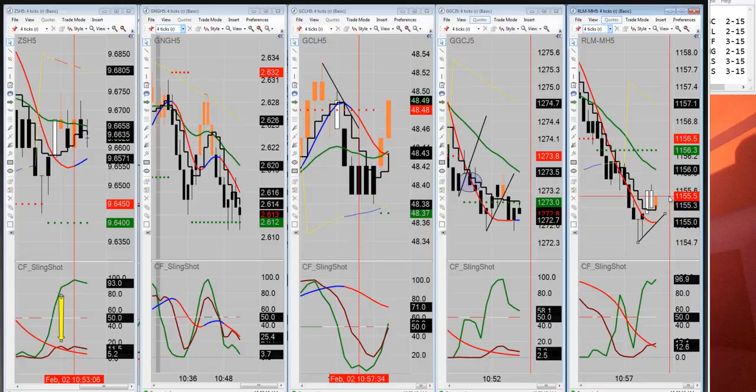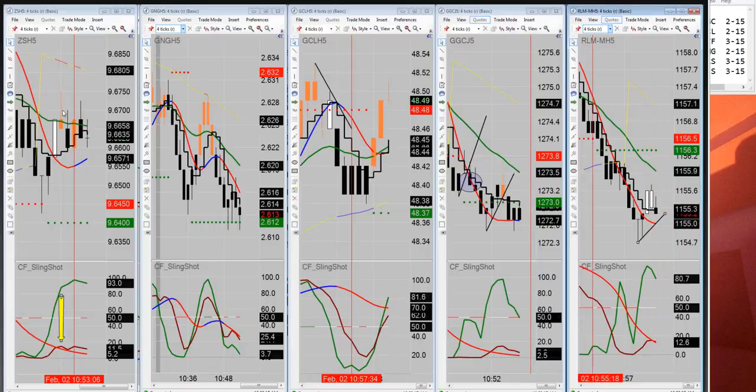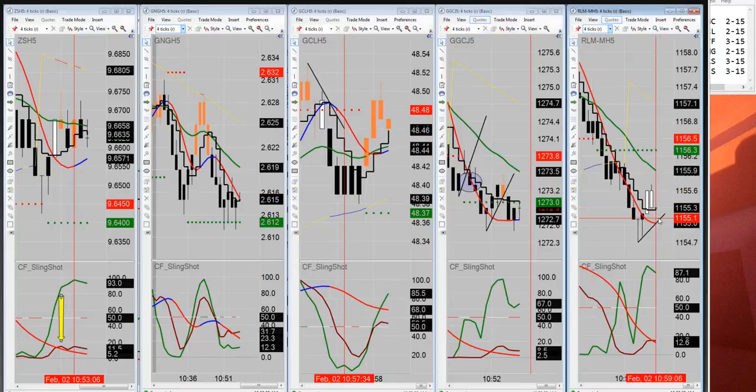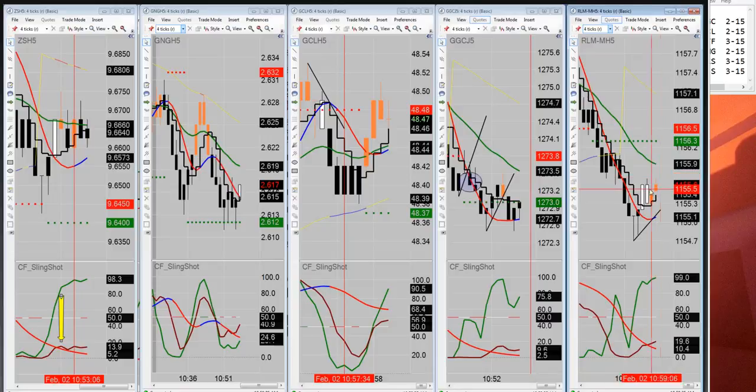Now we got a high of 55.5, we're going to have a low of 55.1. And now it's going up.